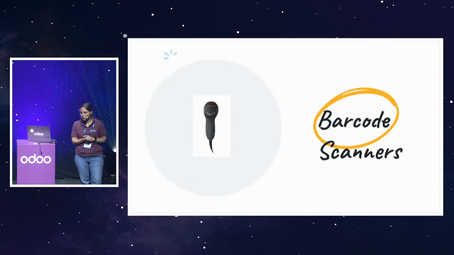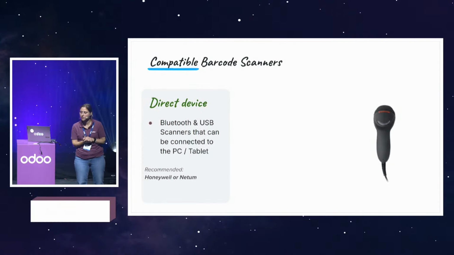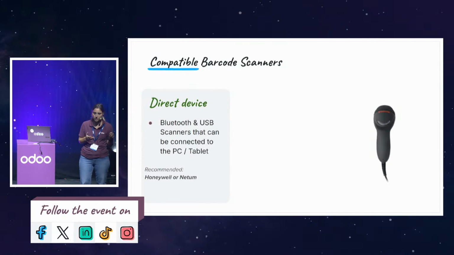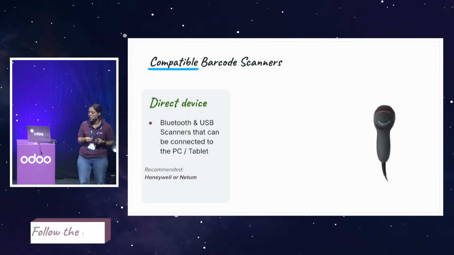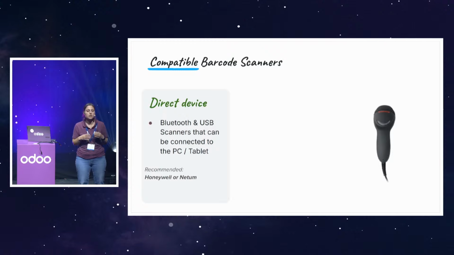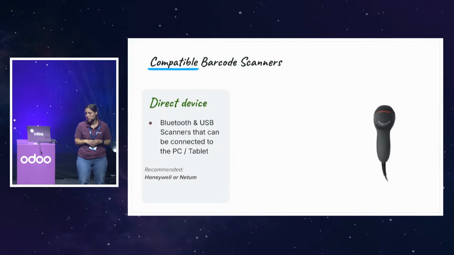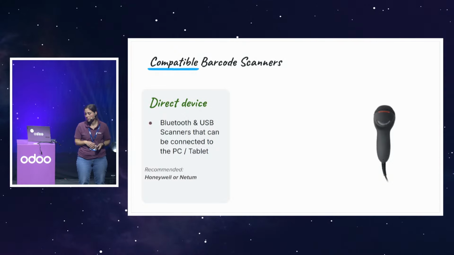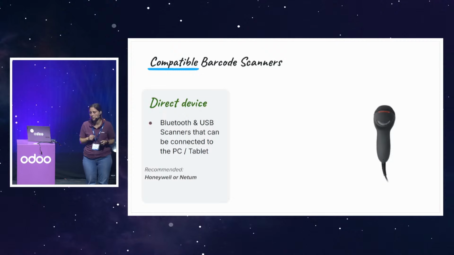So let's move to barcode scanners. So here it's quite simple. You will have a direct device. So if you can have a device that is going to be connected via Bluetooth or USB, then indeed you will be able to use it as such. So we recommend Honeywell or Netum, but any device that's going with USB or Bluetooth is going to work.